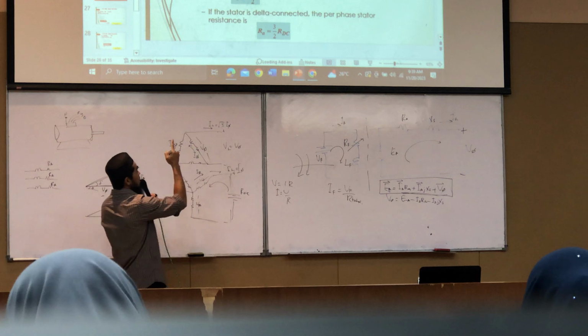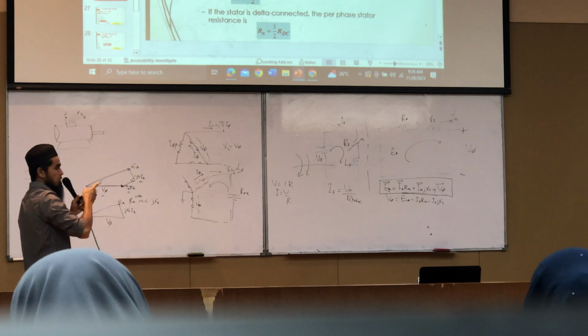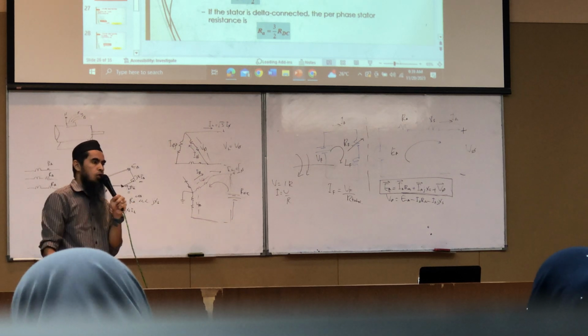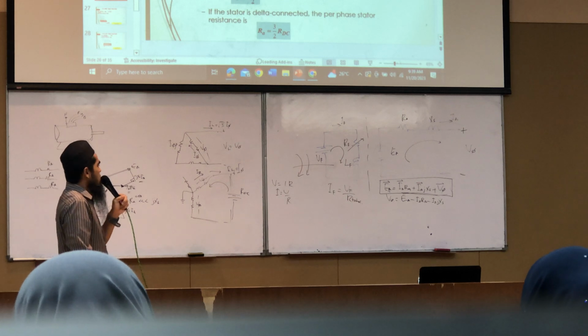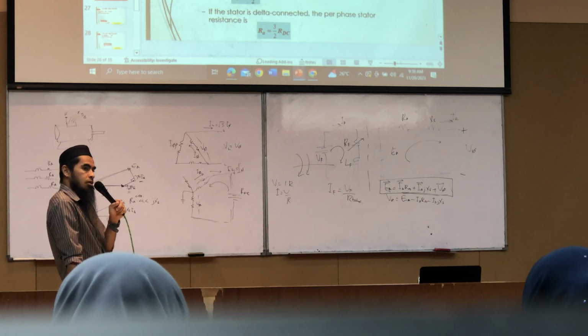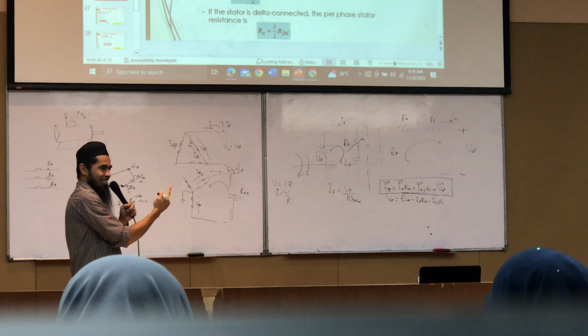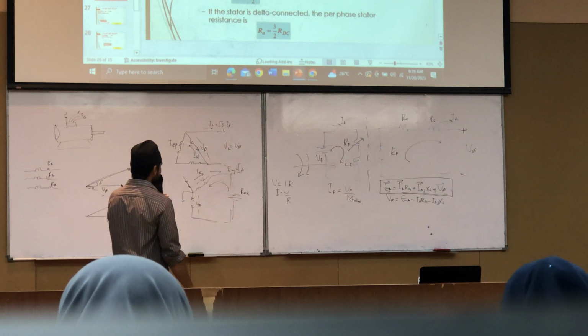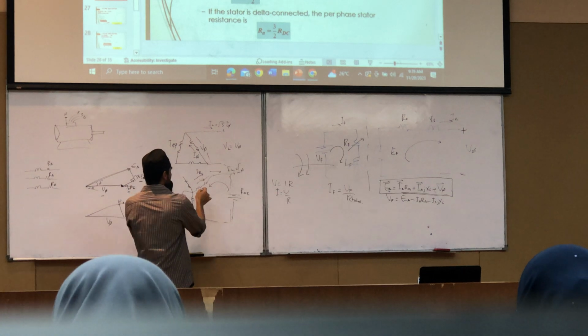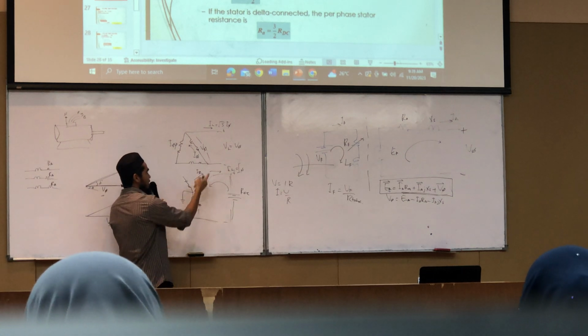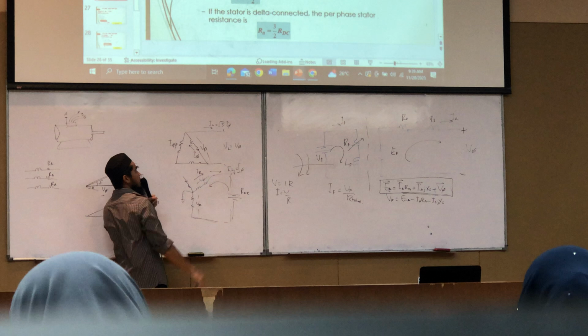That's why we have RA equal to RDC divided by 2, because there are two components of R. Boleh faham? Saya lompat sana sini sana, boleh faham? That's for Y. Kalau untuk delta, it becomes 3 divided by 2 RDC lah.